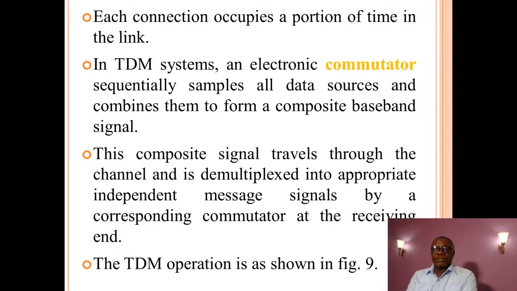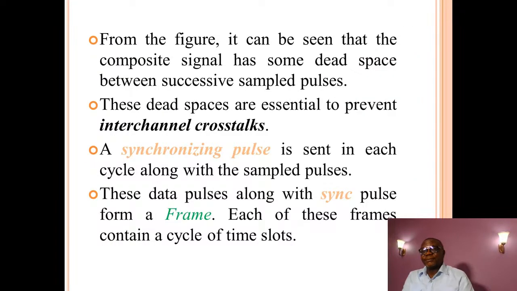I've tried to explain what a composite signal is. We will see it clearer now. This composite signal travels through the channel and is demultiplexed into appropriate independent message signals by a corresponding commutator at the receiving end. The TDM operation is as shown in Fig 9.